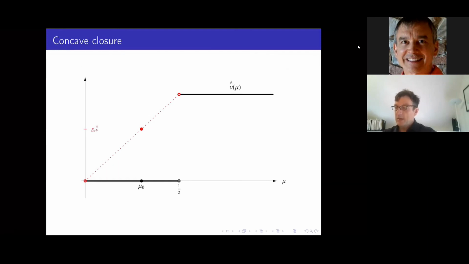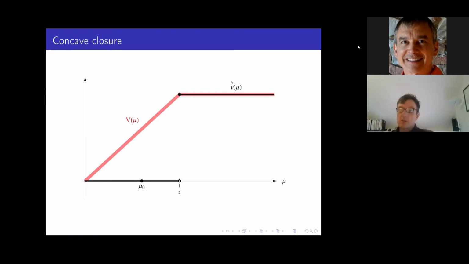We had the piecewise linear function. The concave closure of this piecewise linear function is given by capital V of mu, which is basically now the piecewise linear function that is in red. And therefore, we can now read off that the highest value that can be attained can be attained at V of mu0, which is precisely the prior.